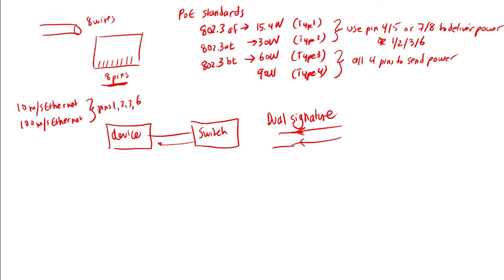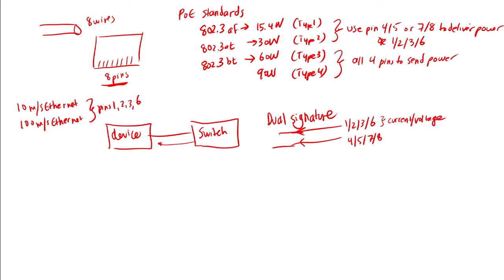So say pins 1, 2, 3, 6, and 4, 5, 7, 8. So each set of pins gets a different current and voltage.